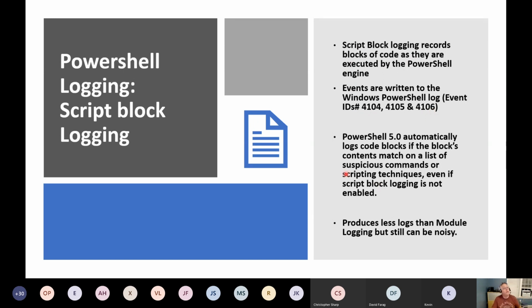Now, here's the really interesting thing. What most people don't know is that this is on already in your environment and you just don't know it. What I mean by that is Microsoft has done a lot of analytics and they have recognized that there's certain kinds of code that is run by black hats, malware writers, script kiddies, the bad guys, whatever you want to call them.